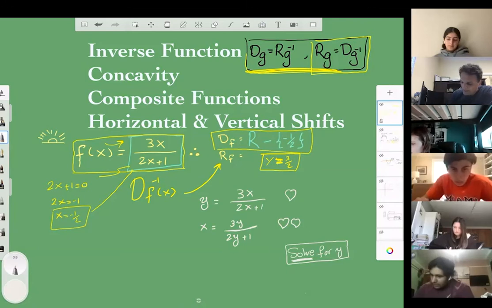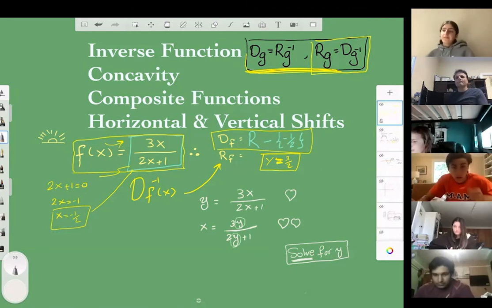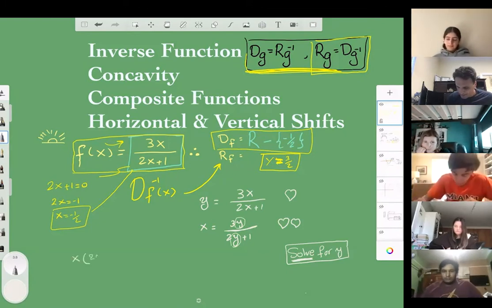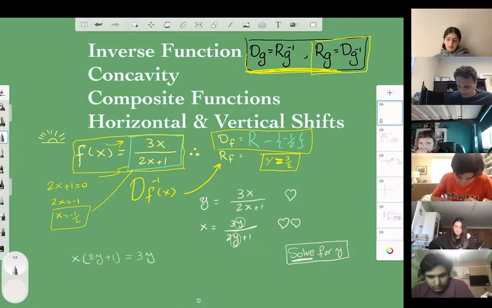So we're going to solve for y. There's a y here. There's a y there. So definitely we need to collect them, combine them, factor them. I cross multiply. I'm going to have x times 2y plus 1 equal to 3y. I distribute this one.